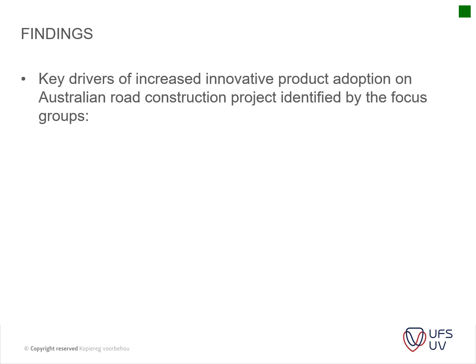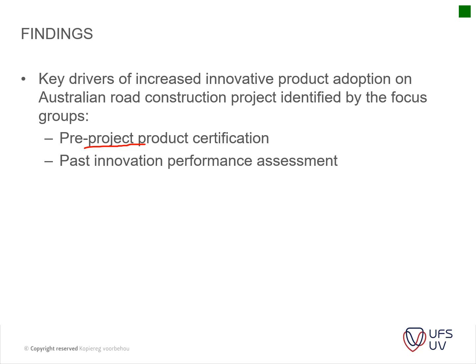Then the findings from the study: the key drivers of increased innovation product adoption in Australian road construction identified by the focus groups were pre-project product certification. So the main thing is before the project starts, if there was a new product that was specified, it would be approved. Past innovation performance assessments would be done.